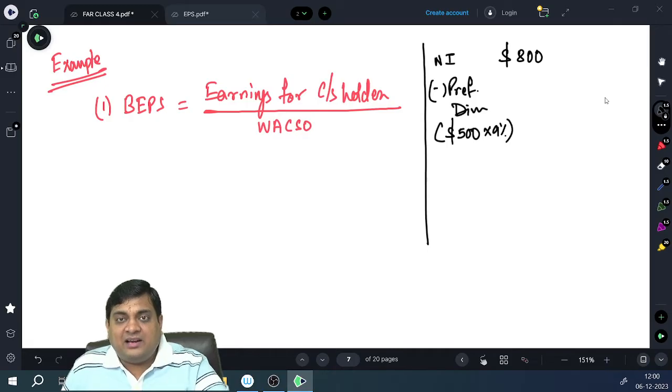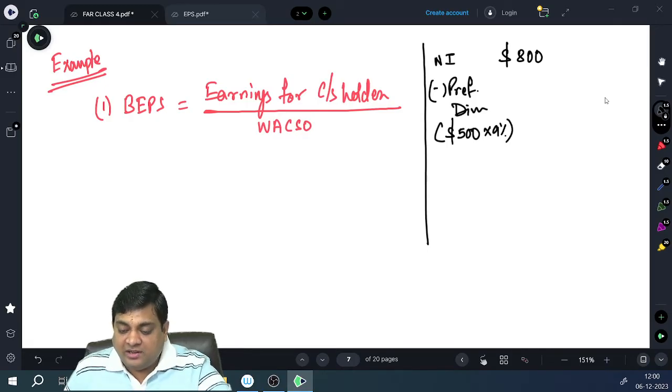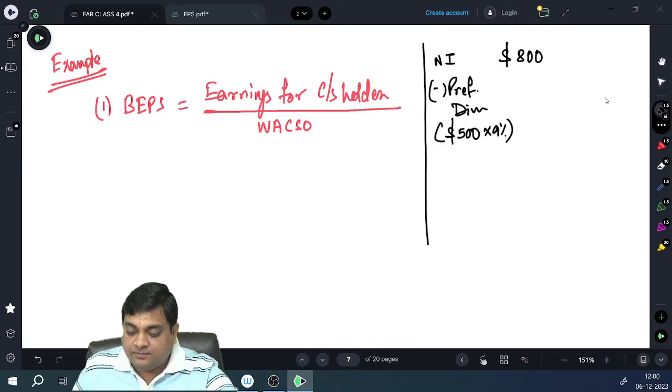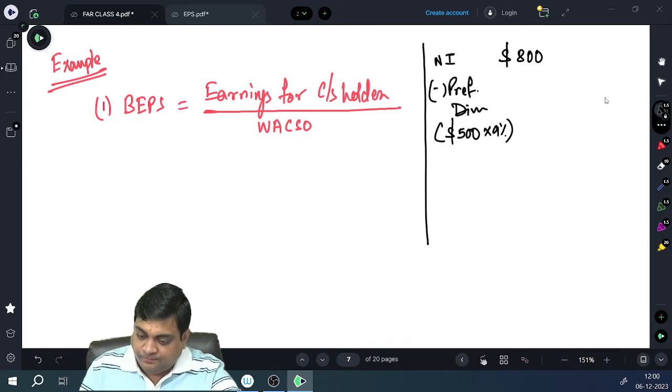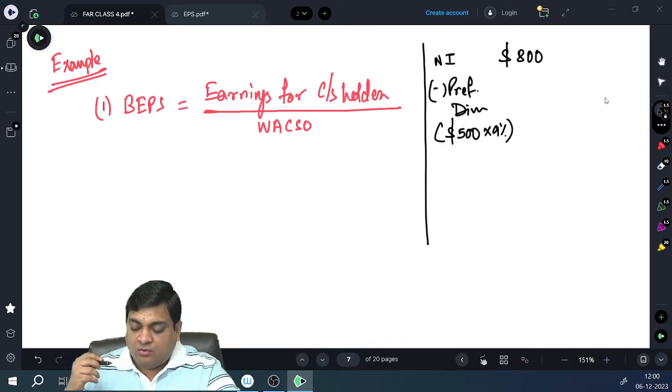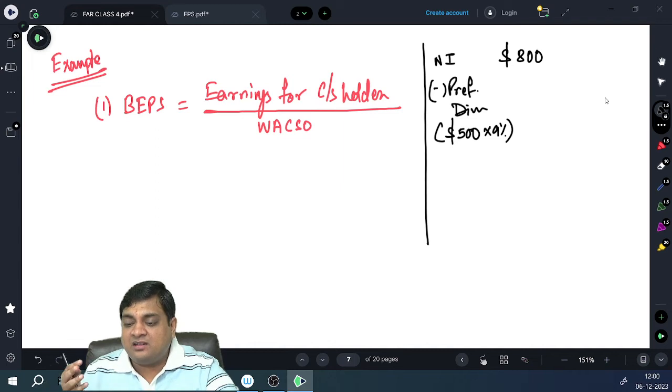Even if they haven't declared it, still we are going to subtract, because it's cumulative. We already know the rules. For calculating basic earning per share, it doesn't matter whether it is convertible, non-convertible, right? Preferred dividend will be considered.